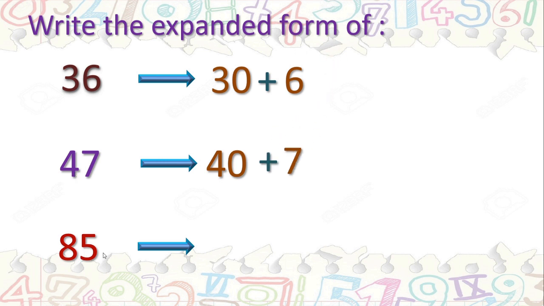Next, 85. Very easy. 80, because 8 is in the tens place, plus 5, as 5 is in the unit place. Correct?